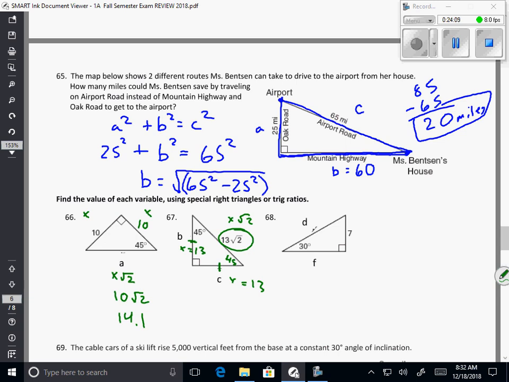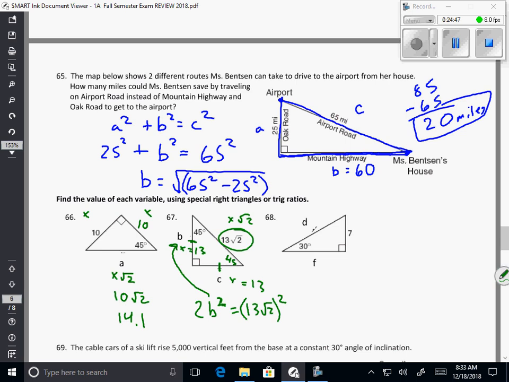So instead of a squared plus b squared equals c squared, you could say a squared plus a squared equals c squared. Two a squared equals c squared, which would be 13 square root 2 squared. You can figure it out that way, and then say that, we'll call it b. And once we found b, that would be equal to c.